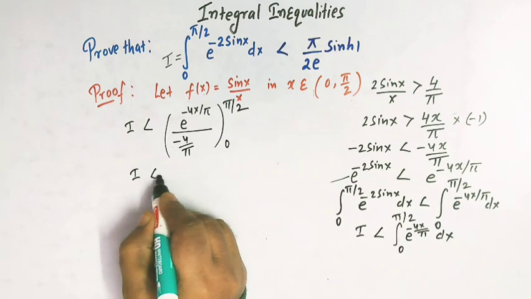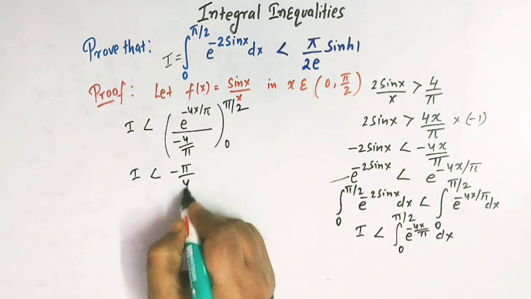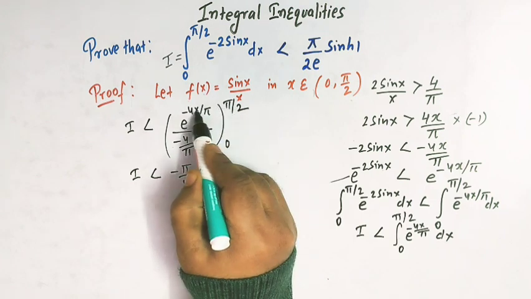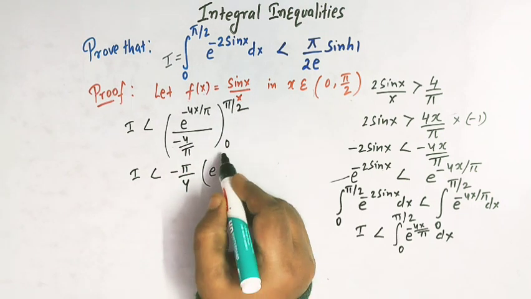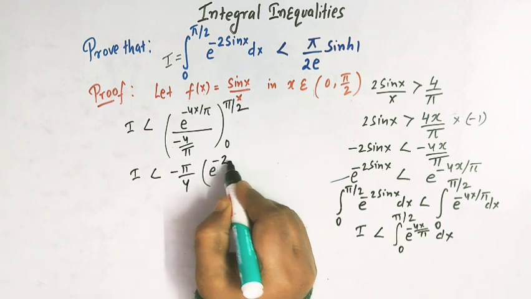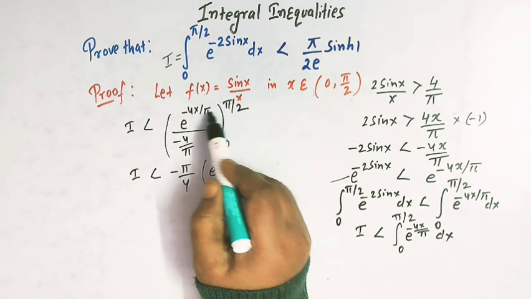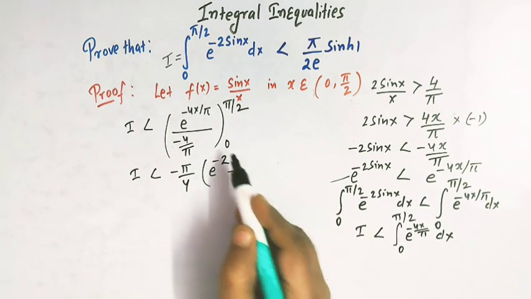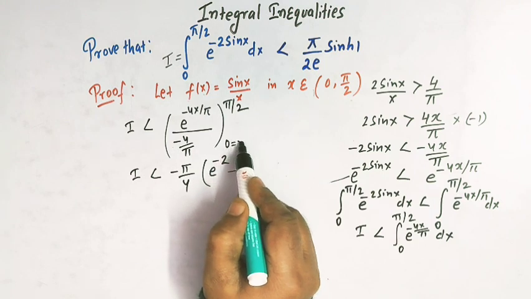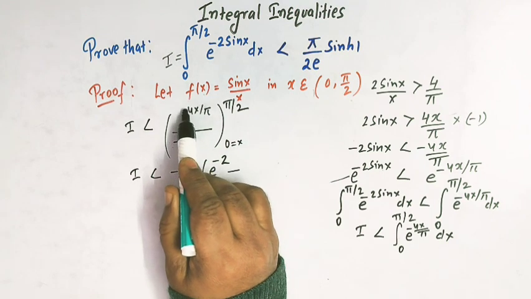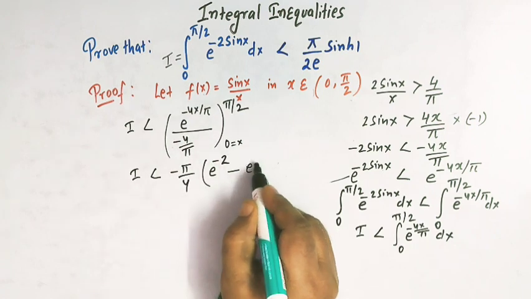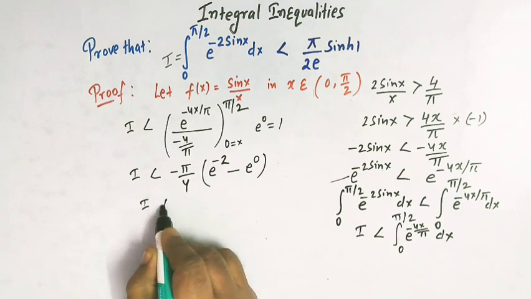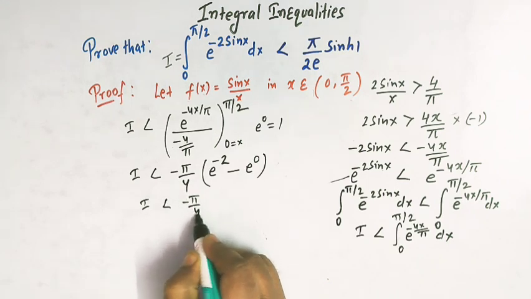So now we have I less than minus pi by 4, and then when we take x equal to pi by 2, we have e raised to minus 2, right? So pi and pi get cancelled and 2 2s are 4, so we have e raised to minus 2, and when we take x equal to 0, this whole quantity is 0, so we have e raised to 0, and e raised to 0 is 1.